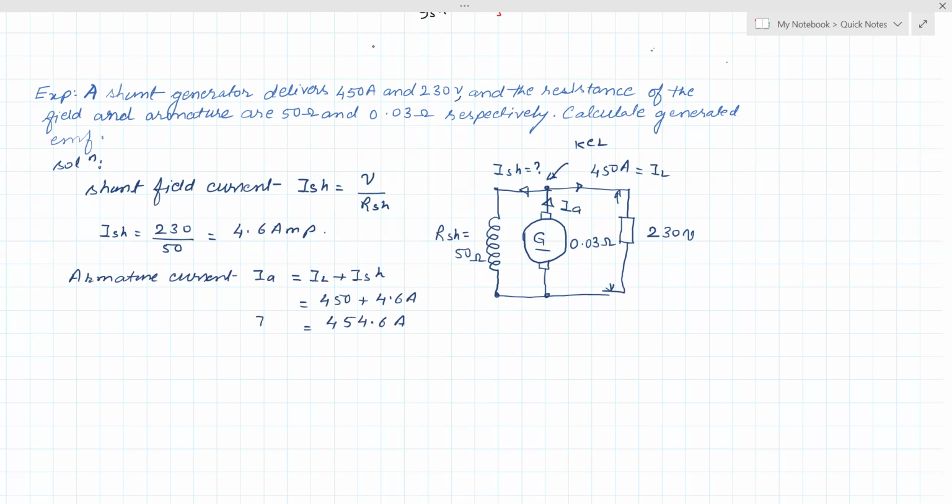So here we have calculated the armature current IA.